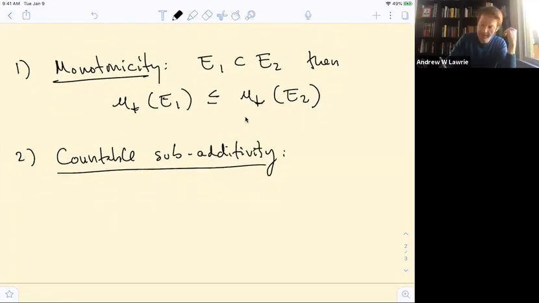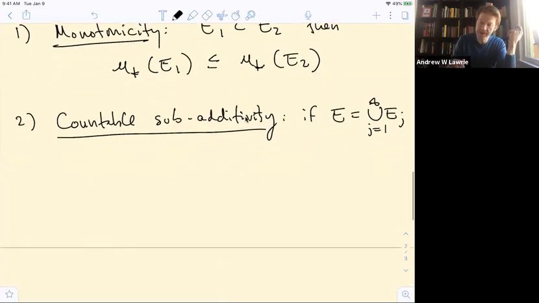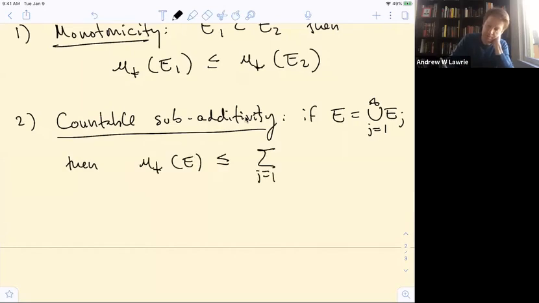That if E is the union over a possibly infinite collection of sets EJ, where the EJ might be overlapping, then the exterior measure of E is less than or equal to the sum of the exterior measures of the EJs.